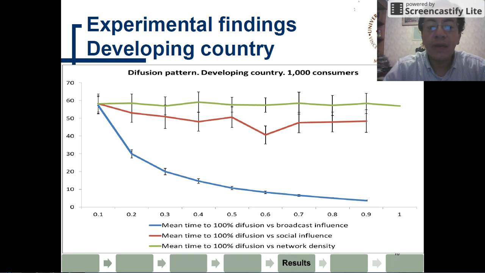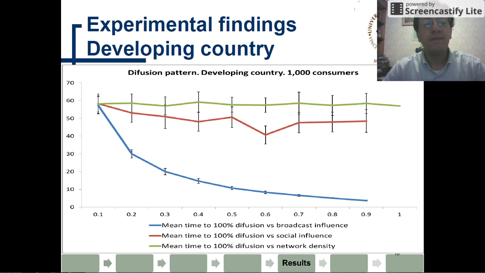This is the number it takes to reach 100% diffusion of the reverse innovation. So as you can see in the blue line, the broadcast influence, and in fact all of the influences are at the level of 60 periods. That is, it takes 60 steps to reach full diffusion.